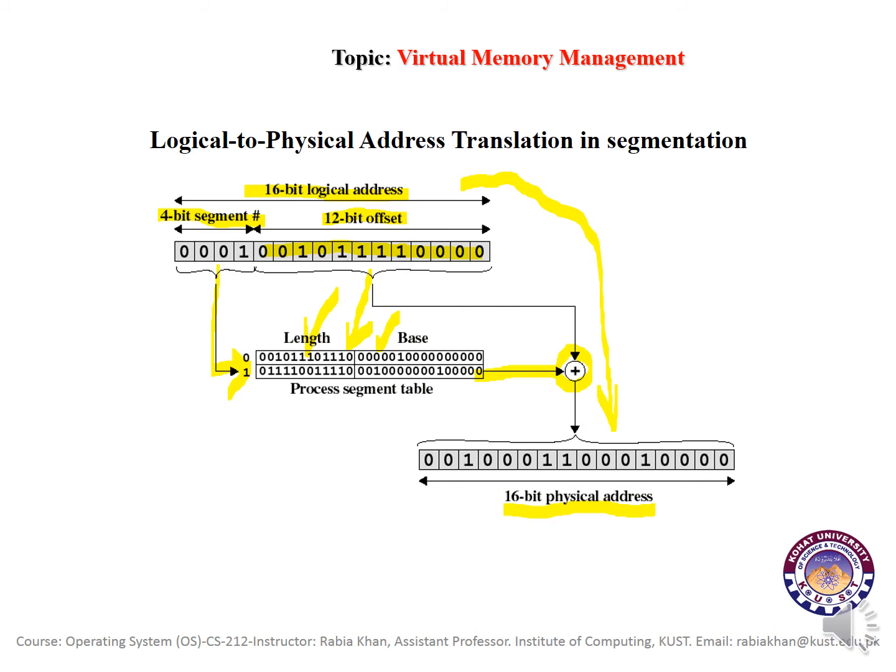So this is the physical address of actually a single instruction, the instruction that we were referring to here in the segment, and it is again in 16 bits. So a 16 bits logical address is ultimately translated into a 16 bits physical address.